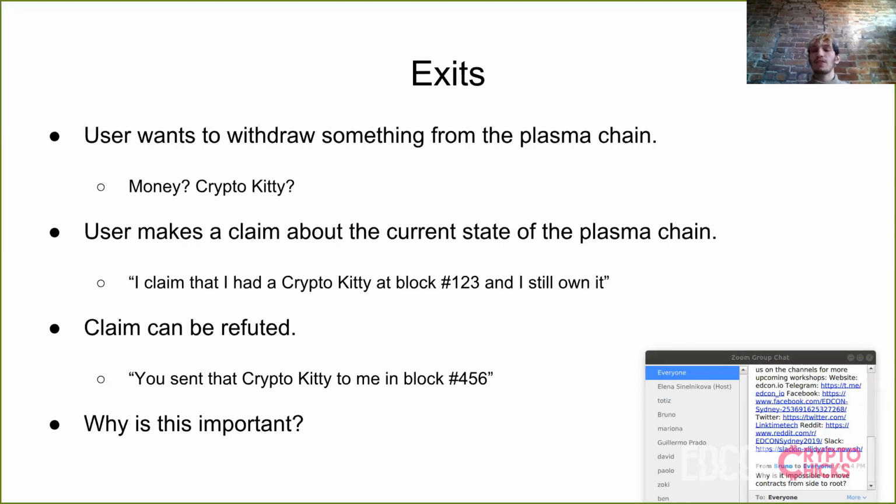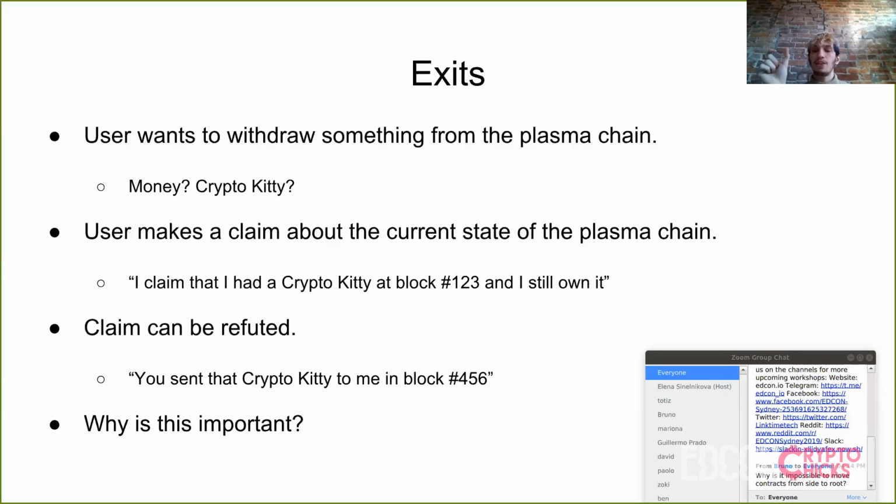And so the way that this works is that a user who wants to withdraw something makes a claim about the current state of the plasma chain to the root chain, right? The only thing the root chain has access to is these commitments that the consensus mechanism has published, right? It has a little piece of data for every single block.